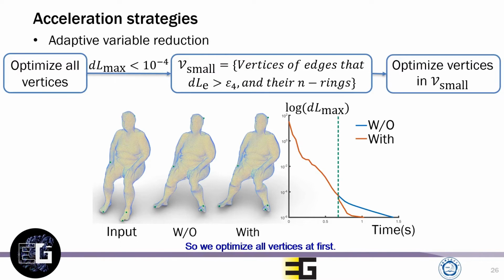So we optimize all vertices at first. Then we collect the vertices of specific edges and their n-rings into a set. Finally, we optimize the vertices in that set while fixing others. Using this strategy reduces the optimization time and generates almost the same result.